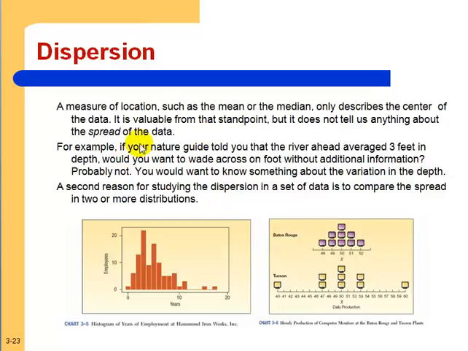For example, if your nature guide told you that a river averaged 3 feet in depth, would you want to wade across on foot without additional information? Probably not. You would want to know something about the variation in depth, because maybe some spots are very deep and some very shallow. You don't want to risk it.